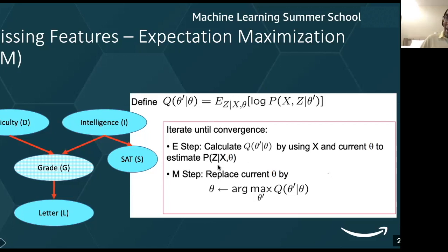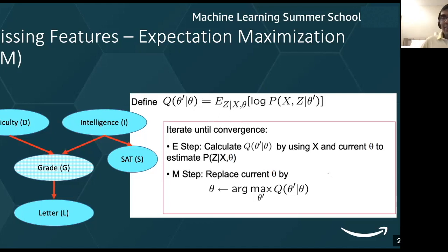In that case, you will end up with a probability distribution of z given x and the current estimate of theta. And then what you're essentially doing is plugging those values of z back into your likelihood expression, but also weighting it by the probability of that z occurring given the observed features x and the current estimate of theta, right?